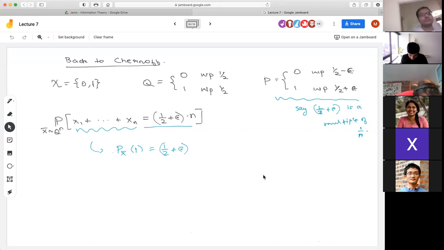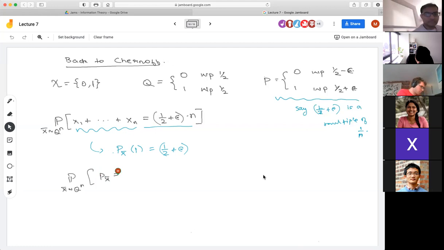So all we are asking is, what is the chance that, for a uniformly chosen sample, the type of x bar is equal to P, which is the distribution where we have half plus epsilon fraction of ones and half minus epsilon fraction of zeros.